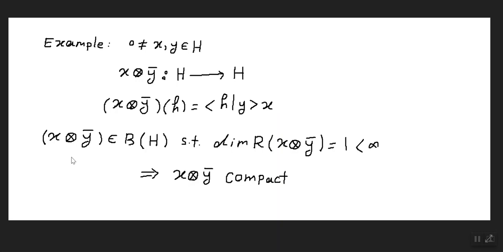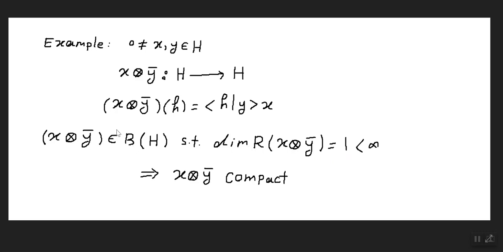We can show that this operator is a bounded linear operator on H, and it is finite rank. It means the dimension of the range of this operator is finite. It is actually equal to 1, so definitely it must be compact. You remember, finite rank operators are compact.